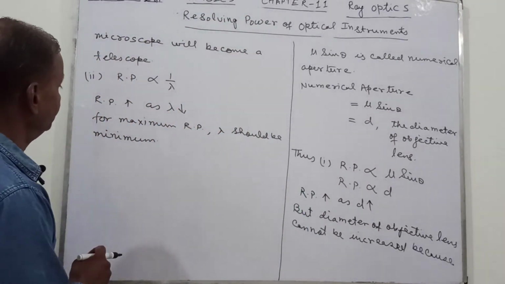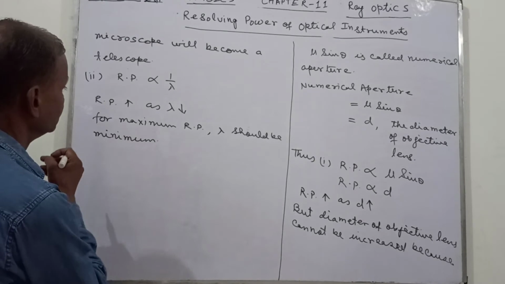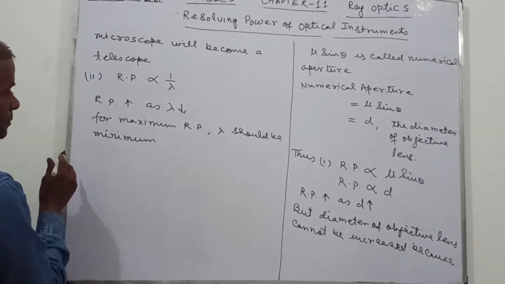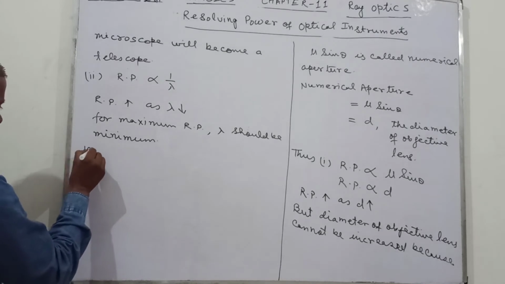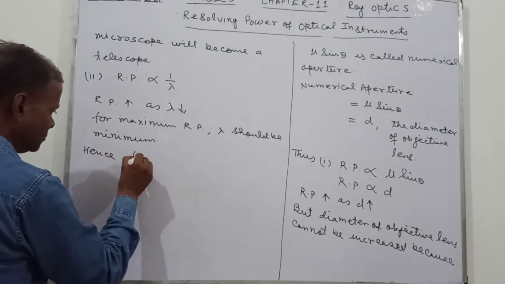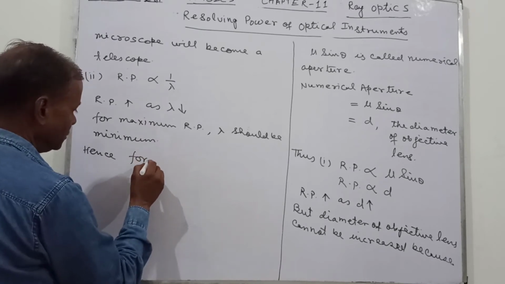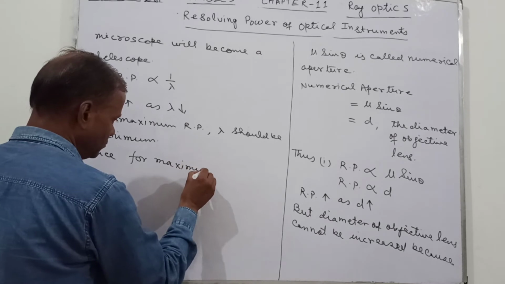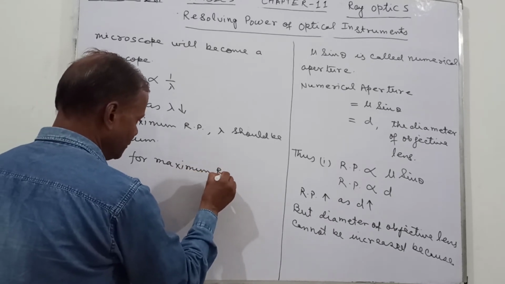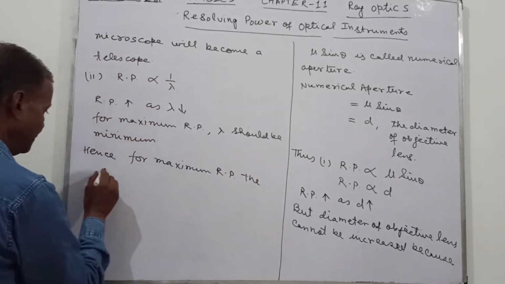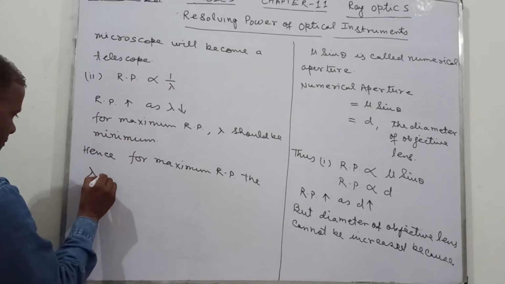So hence, for maximum resolving power, the lambda should be minimum.